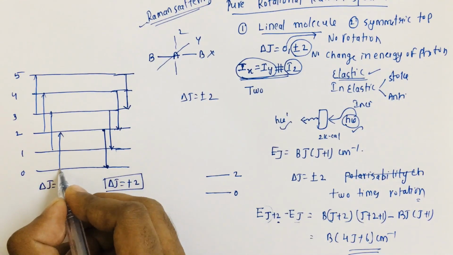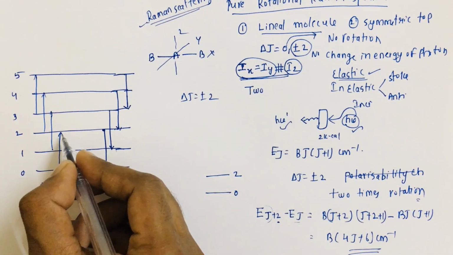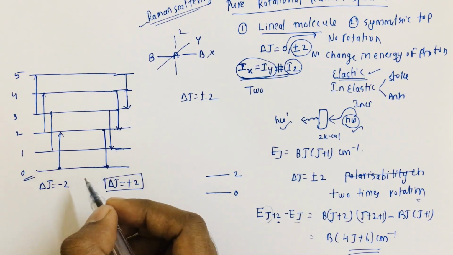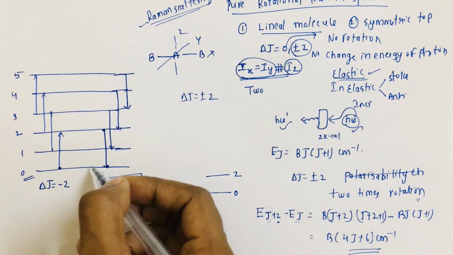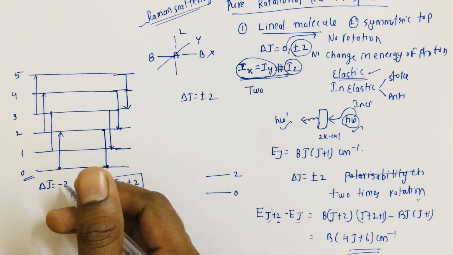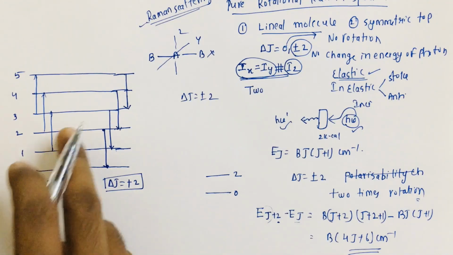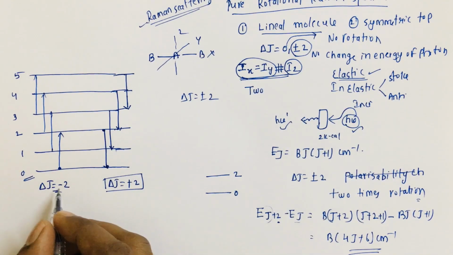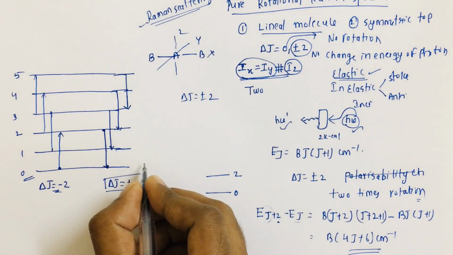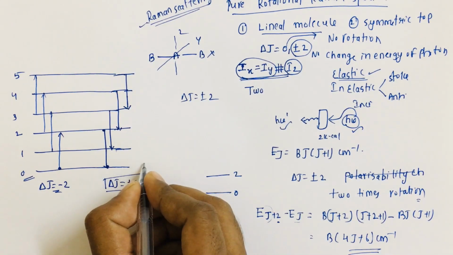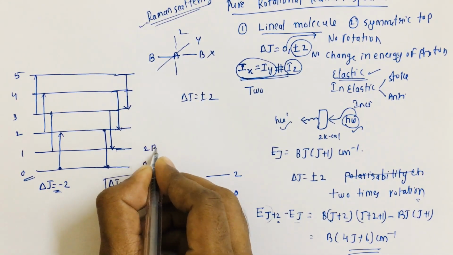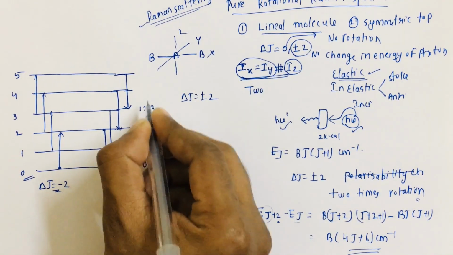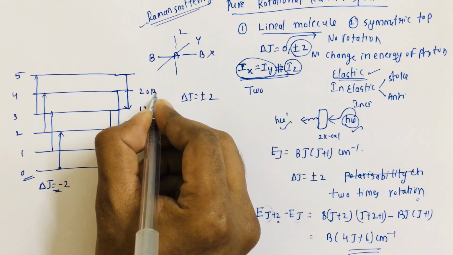And these transitions go from a lower rotational energy level to a higher rotational energy level, so it requires some energy, and for that delta J equals minus 2. We can write this as 0, this will be 2B, this will be 4B, this will be 12B, and this will be 20B, and this will be 30B.